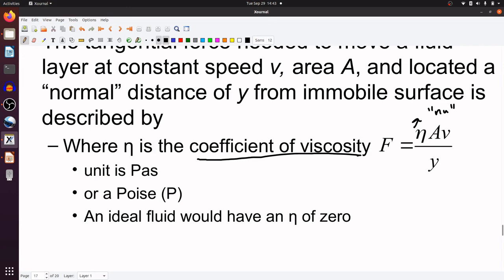The unit for the coefficient nu is a poise, which is a Pascal second, which is kind of a weird unit, but that's just basically how it ends up working out. Force is, of course, in newtons.